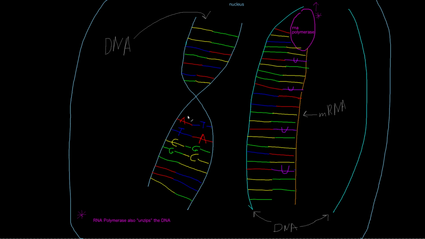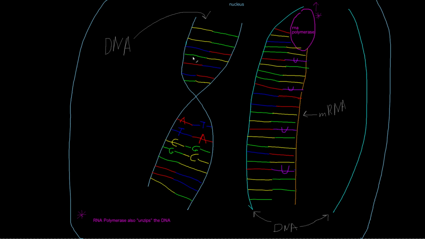You can see them here. A is represented by red throughout the presentation, T by this dark blue, C by the yellow, and G by the green. And you can see that the information is stored based on a pattern of these as they go up or down the double helix of DNA in an anti-parallel pattern.